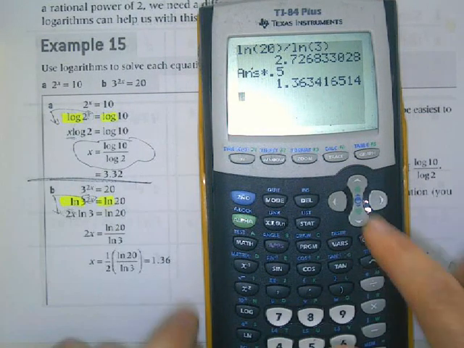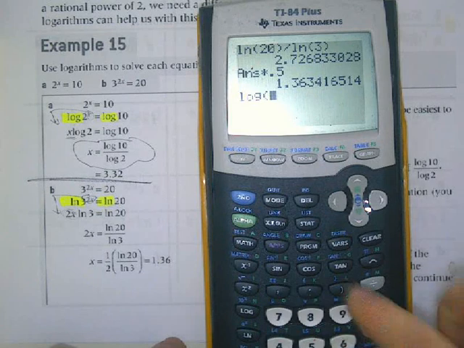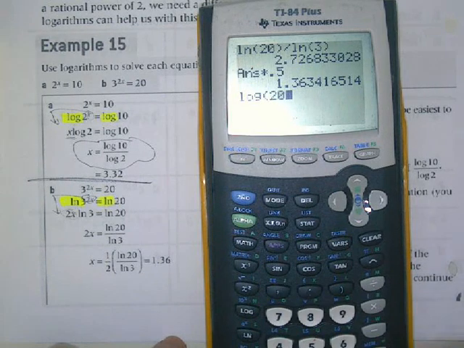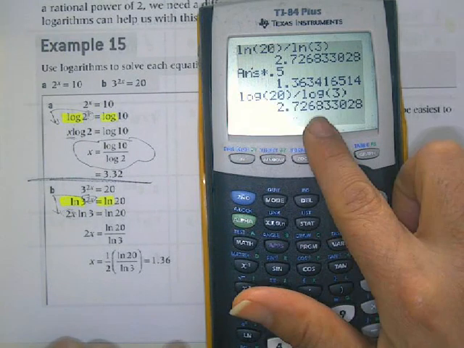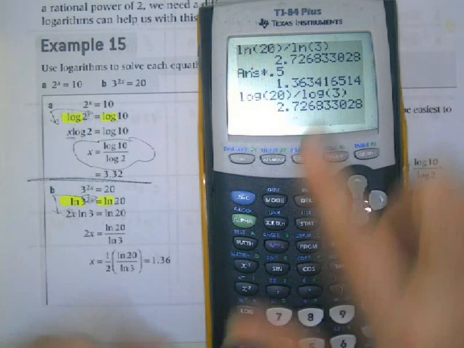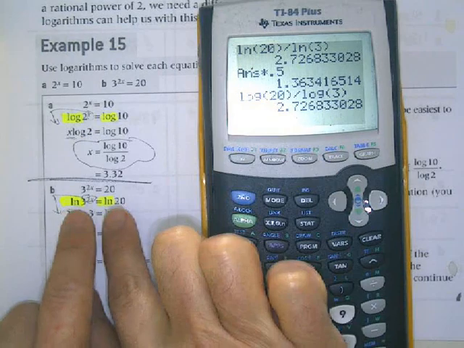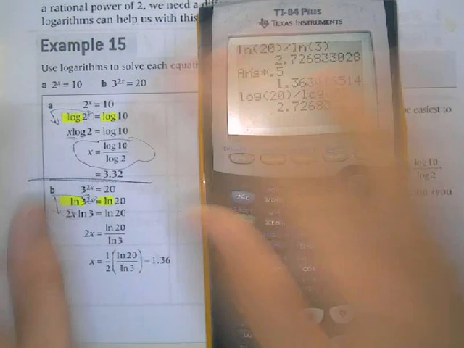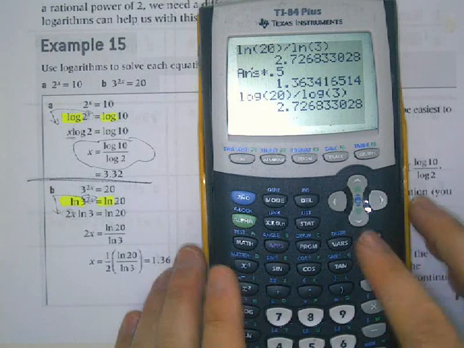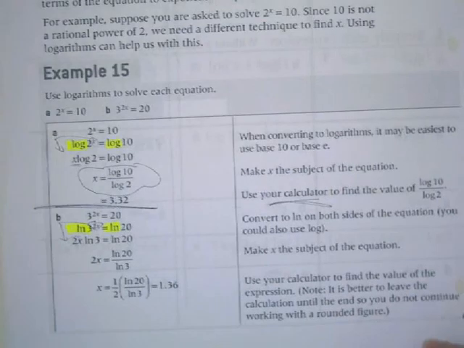Let's try it with log. Log of 20 divided by log 3. And notice I'm going to get 2.726. But it didn't matter if I did log of both sides or natural log of both sides because it doesn't matter. Okay. So I hope that was useful.